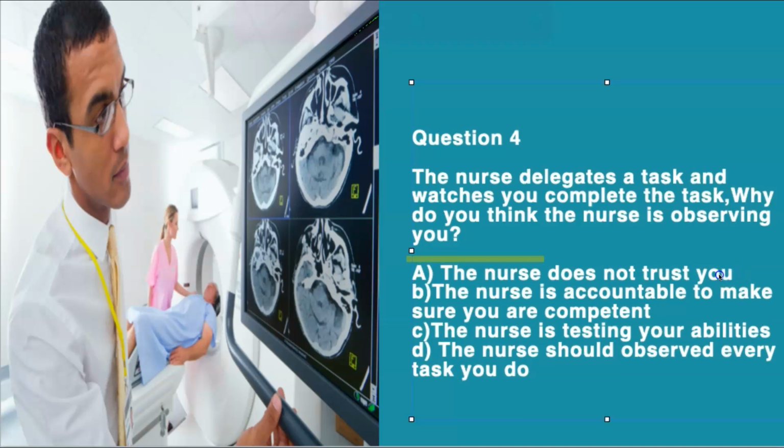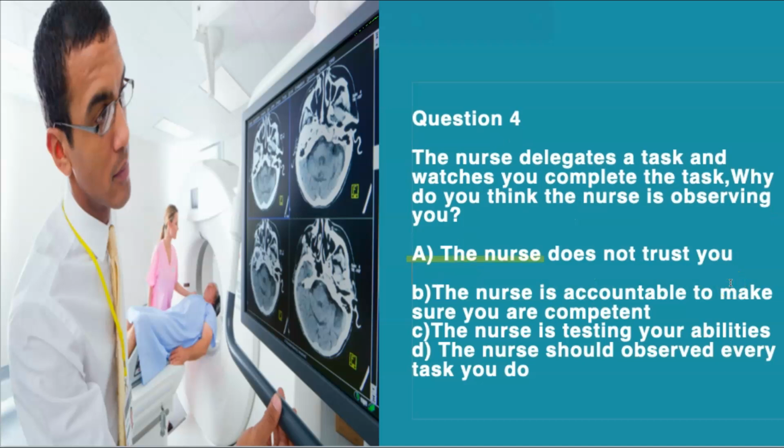I don't think it should be A. A is not the answer. B, the nurse is accountable to make sure you are competent. C, the nurse is testing your abilities. D, the nurse should observe every task you do.